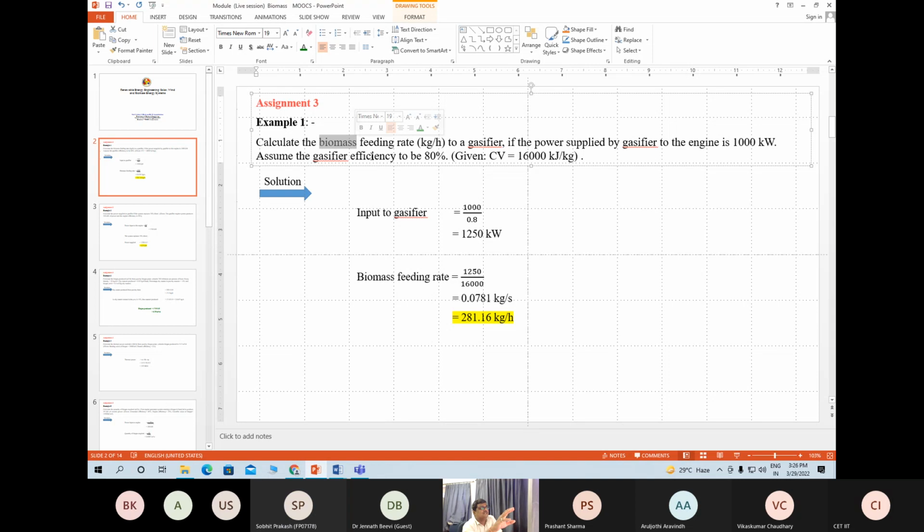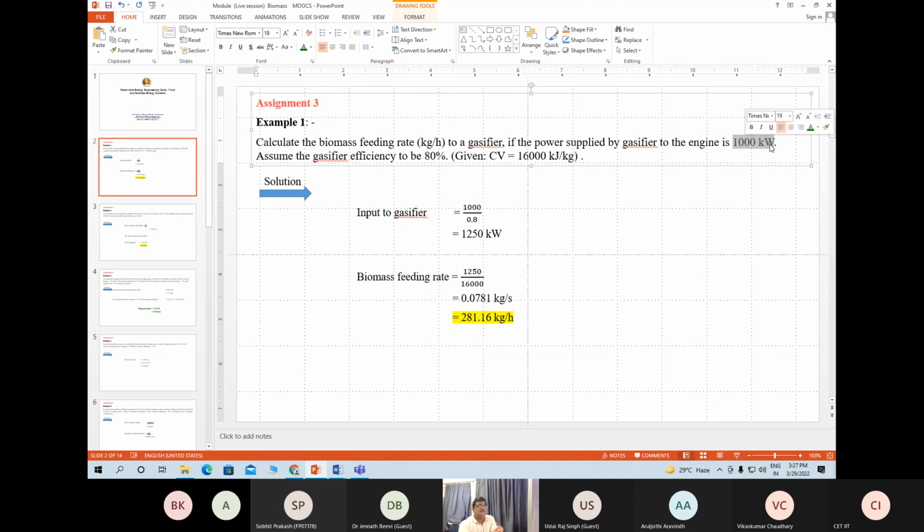In this case, as I mentioned, we need to calculate the input to the gasifier, because this value of 1000 kilowatt is the output of the gasifier: when we inject the biomass into the system, it produces this much kilowatt of power to the engine. Before that, we need to know how much input is required to the gasifier to produce 1000 kilowatt.